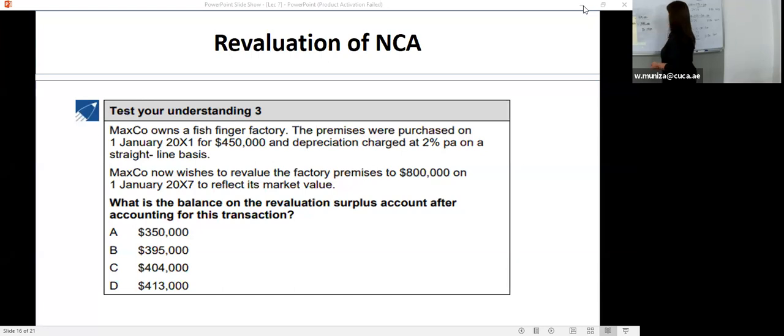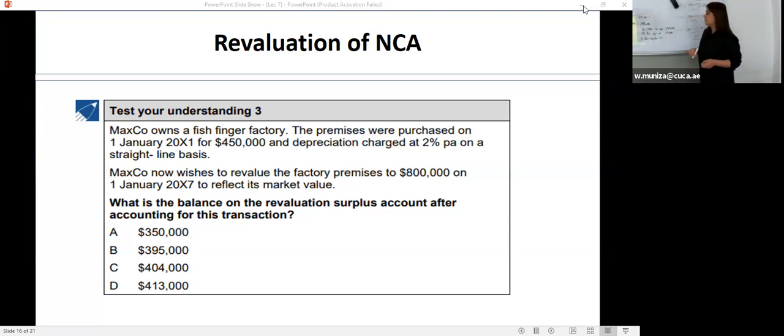Debit non-current asset cost account, debit accumulated depreciation account, credit revaluation surplus account. In front of non-current asset account, which amount is going to be written? Difference between cost and revalued amount. Cost and revalued amount. How much is it? 350,000. How much accumulated depreciation is there? 54,000.